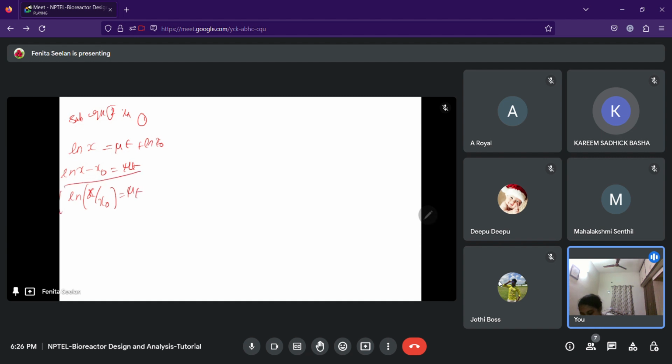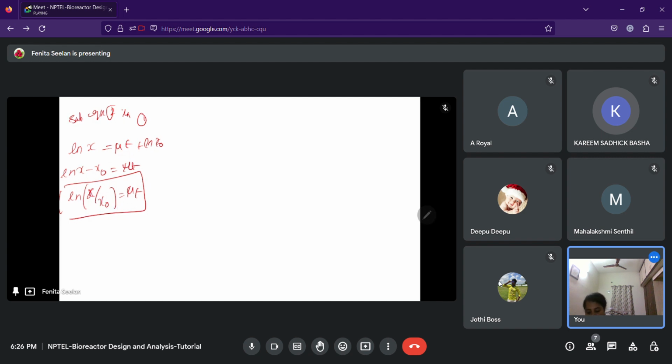This is how you would have solved this, but for those who want to brush up things, I'm doing it again. So now we have come to the equation relating your time and your inoculum.